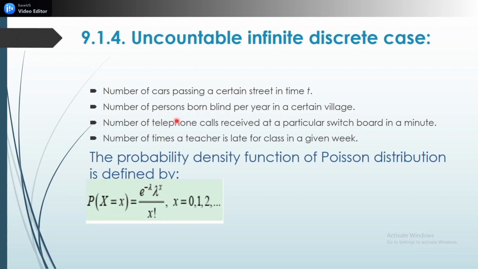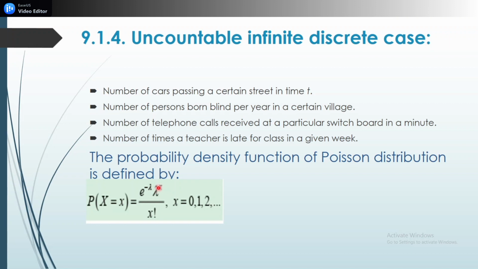The probability function of the Poisson distribution, we will use this formula. The probability of X equal to small x is equal to e, the Neperian number, to the power negative lambda. You know lambda is equal to the mean, considered as a mean, a positive number.